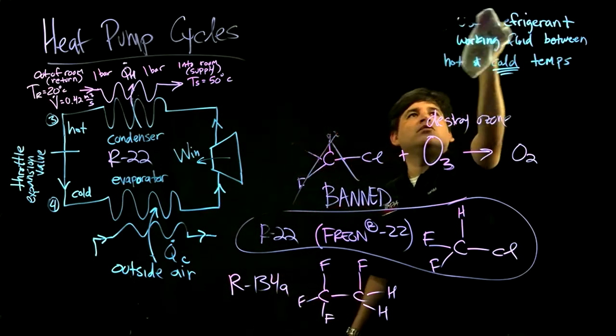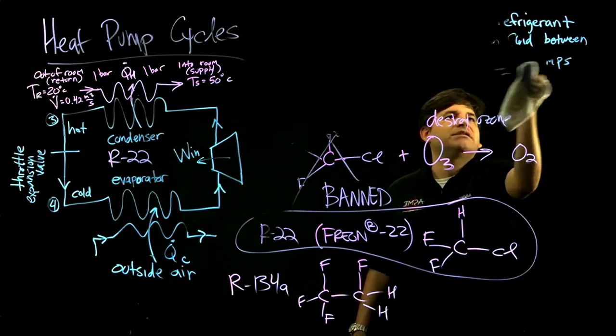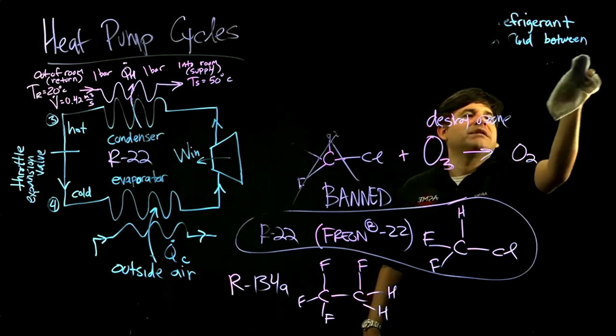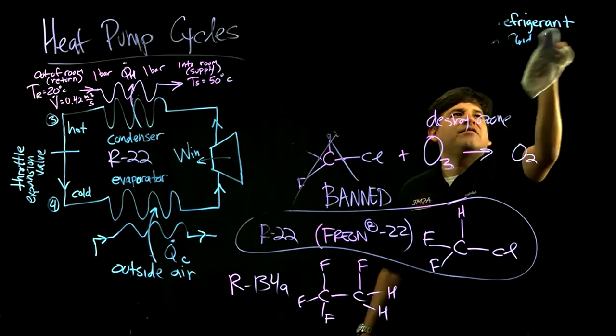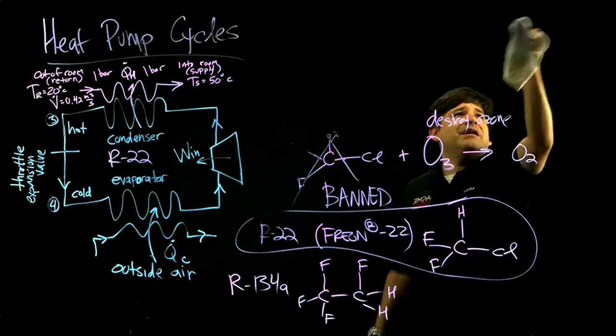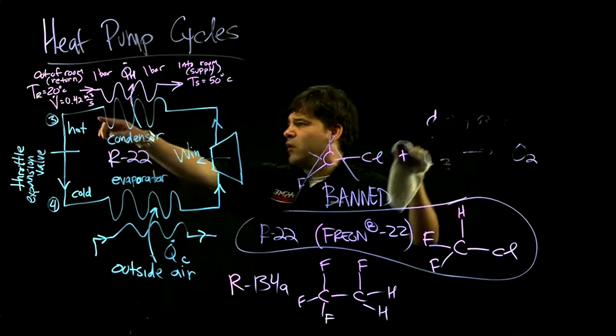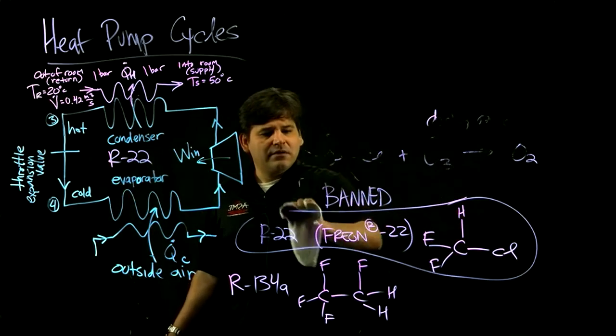We want our room air to return into this heat exchanger at 20 Celsius. If we run this heat pump correctly, we're going to be able to get 50 Celsius, which is pretty hot, pretty cozy, and heat up this room at a certain flow rate of the air.